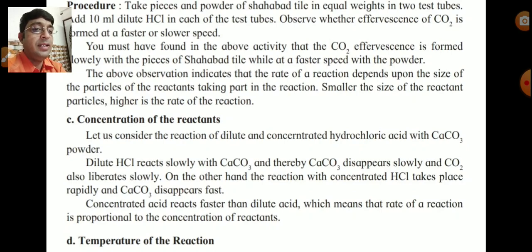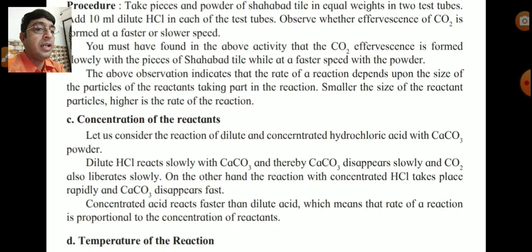Dilute HCl, that is hydrochloric acid, reacts slowly with CaCO3, that is calcium carbonate, and thereby calcium carbonate disappears slowly and CO2, carbon dioxide gas, is also liberated slowly.